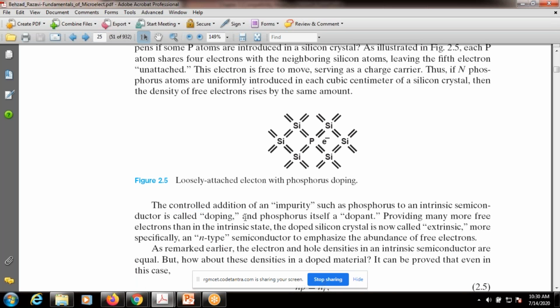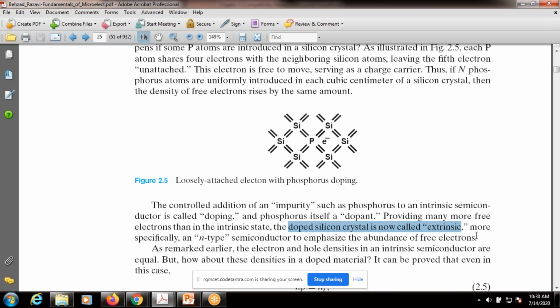Now the phosphorus itself acts as a dopant, providing many more free electrons than in the intrinsic state. The doped silicon crystal is now called an extrinsic semiconductor, more specifically an n-type semiconductor, to emphasize the abundance of free electrons.